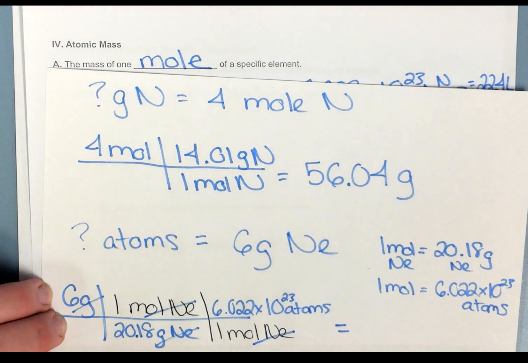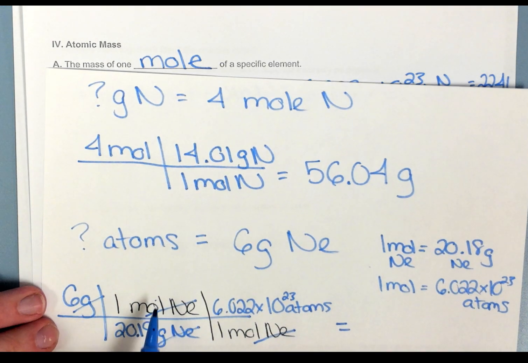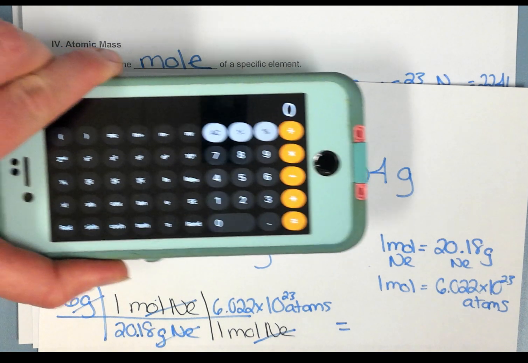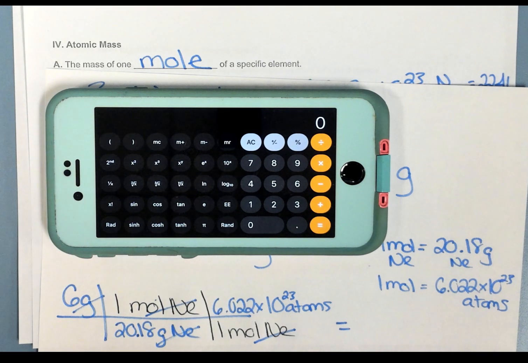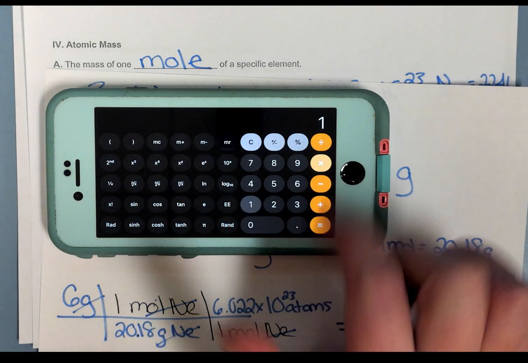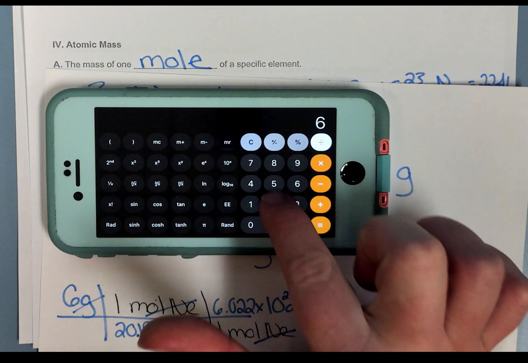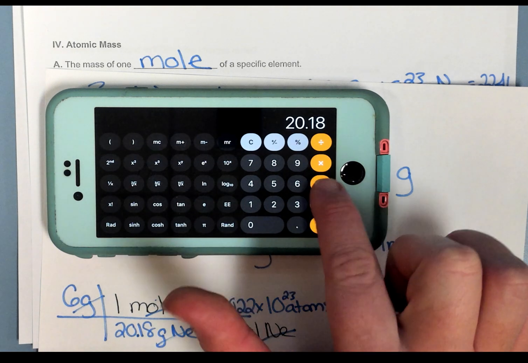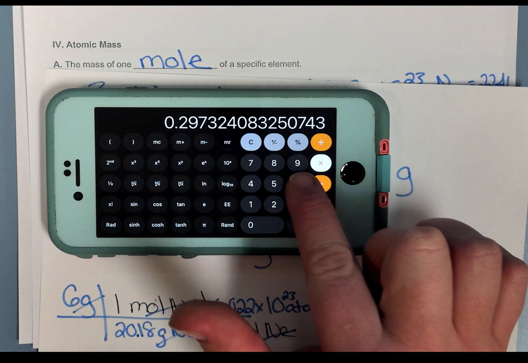So once again, we're going to multiply across the top, divide by what's on the bottom, and then multiply what's on the top again in order to get our answer. So quick refresher again, because I know a lot of you are still using your phone calculators when you do these problems. We have 6 times 1 divided by 20.18 times 6.022.